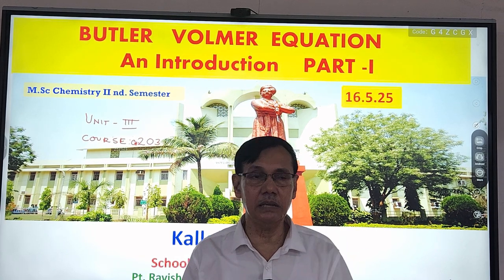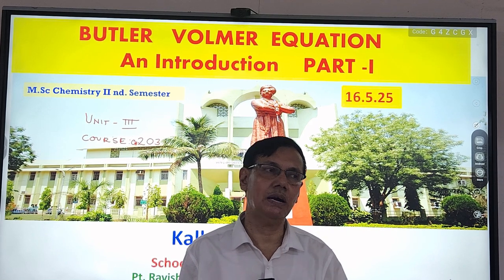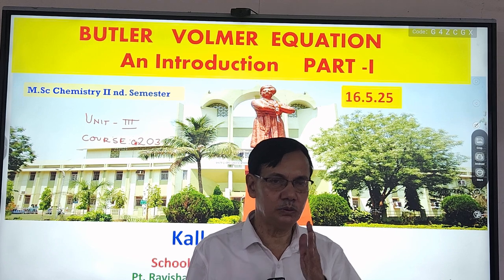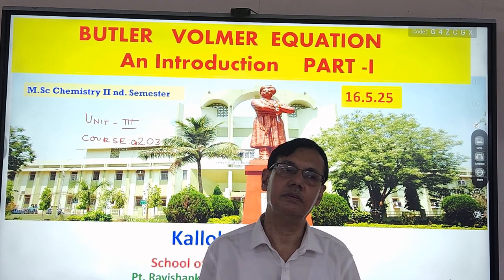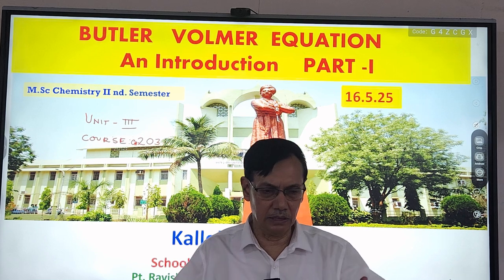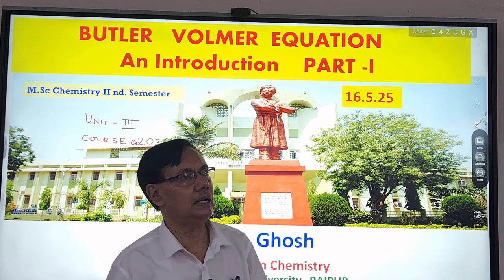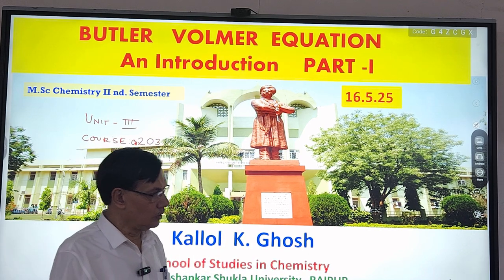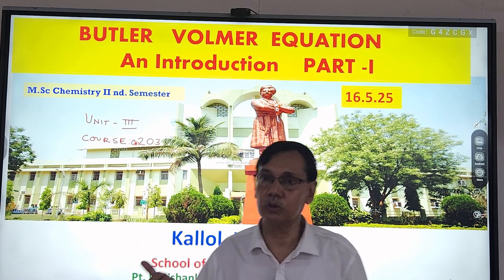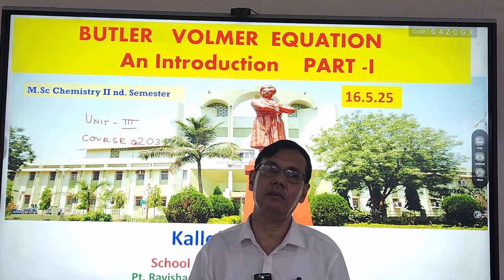Before going into details of the Butler Volmer equation, you must know the actual meaning of exchange current density, what overpotential is, and the relationship between the exchange current density and overpotential, and then of course the other important things. So the first part is based on the fundamentals, and I'll also discuss some of the genesis of the Butler Volmer equation.